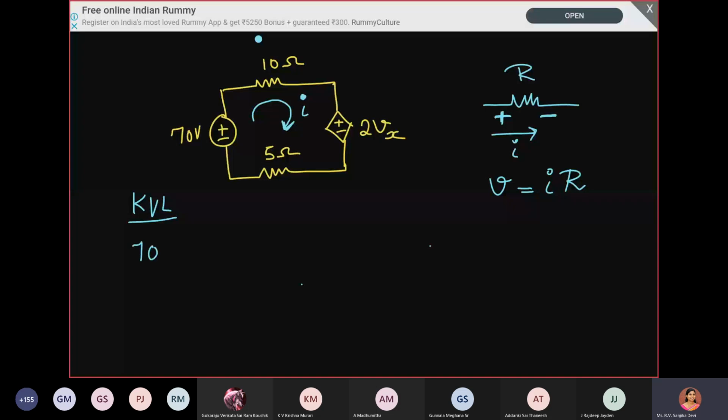Coming to the 10 ohm resistor, current is flowing through the resistor, so there will be a voltage drop. The reference polarity for the voltage will be plus where it is entering and minus where it is leaving. Where we are leaving it is negative, so I will take it as 10I.